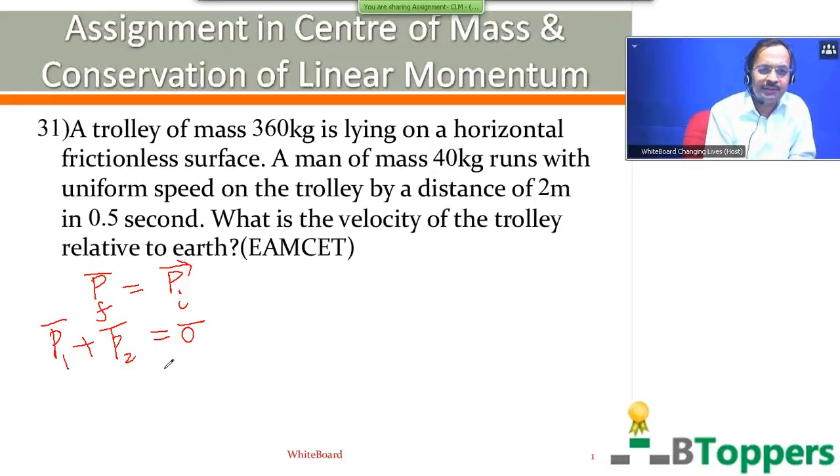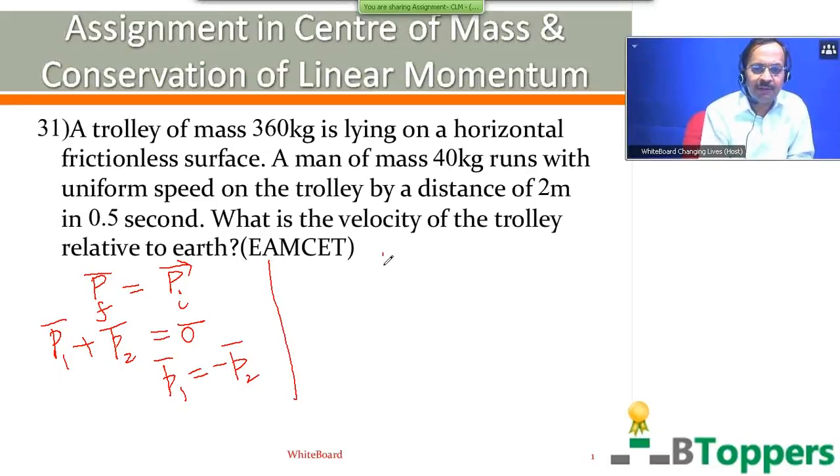So you can write here P1 bar is equal to minus P2 bar. That means when the man starts moving on the trolley in one direction, the trolley starts moving in the opposite direction with the same magnitude of linear momentum.